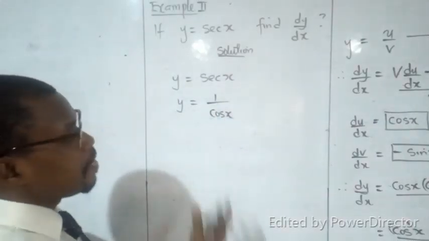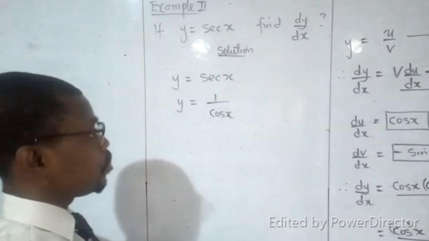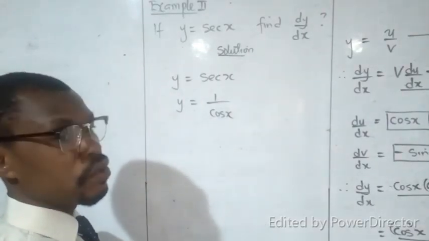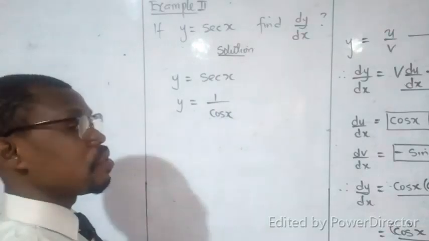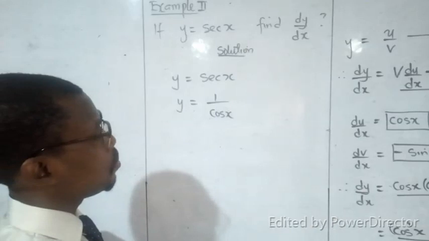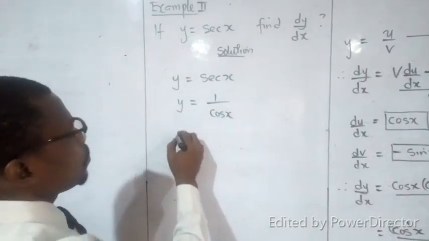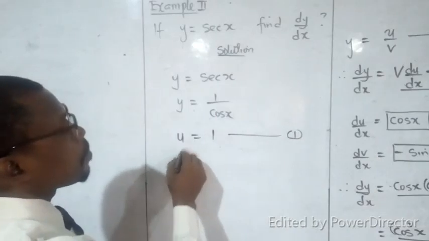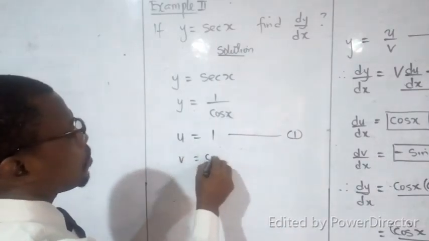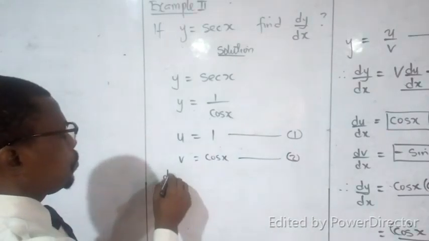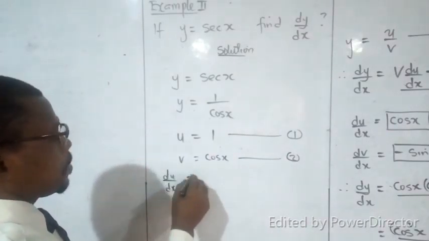Now, if you like, at this point, it's a rational function, but the numerator is 1. I can decide to use quotient rule, or I can decide to use function of a function. But I think we are familiar now with the quotient rule. Let's use quotient rule. So u is 1, v is cos x. So du dx is 0.